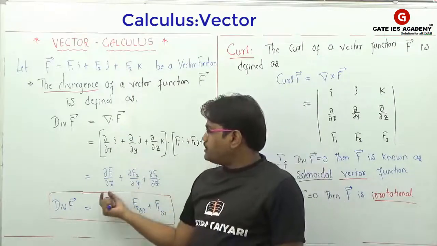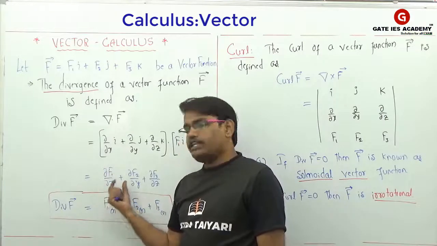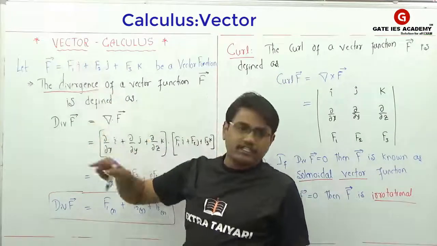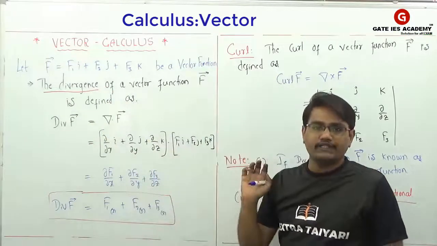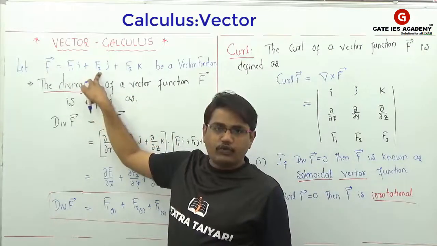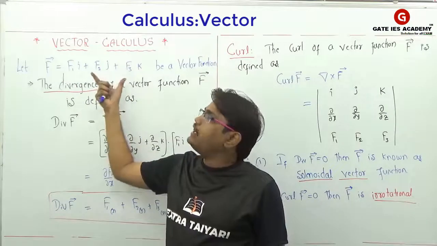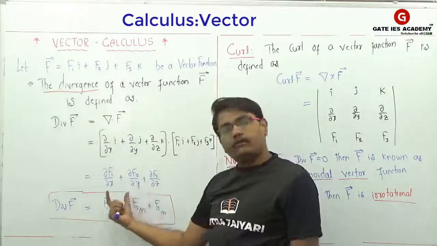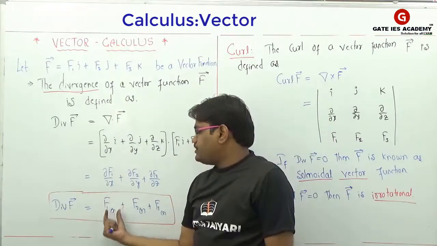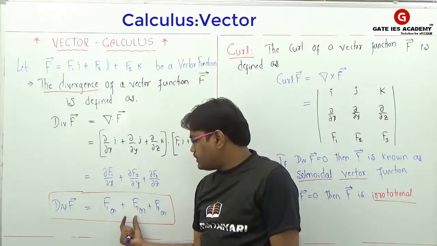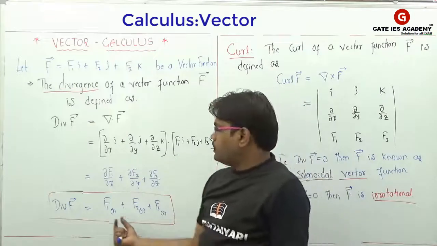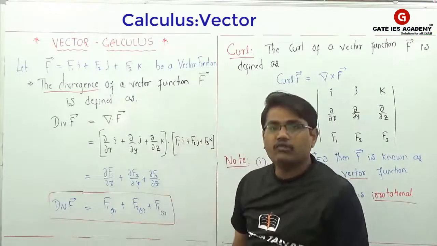That is, you differentiate f1, which is a function of x, y, z, partially with respect to x, f2 with respect to y, and f3 with respect to z, and add them all. That will be the divergence, or the dot product. I will write it as f1x plus f2y plus f3z. So this is known as the divergence of a function.